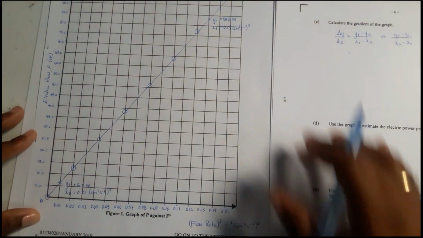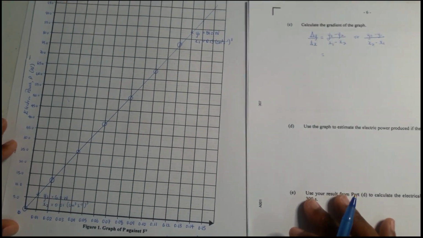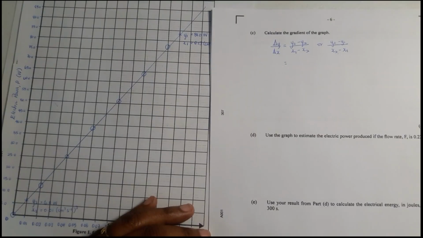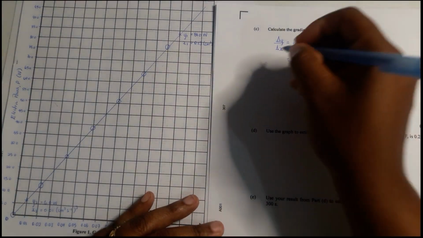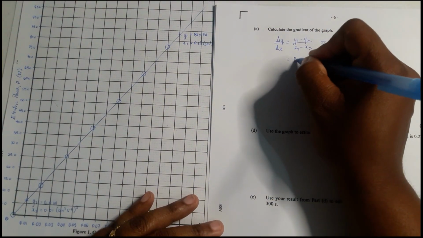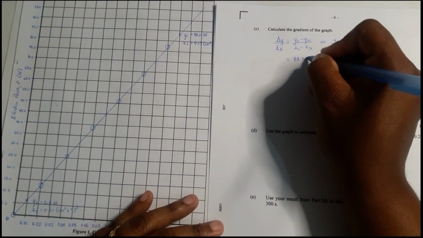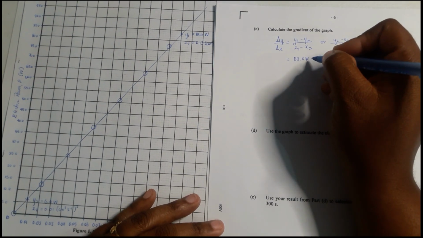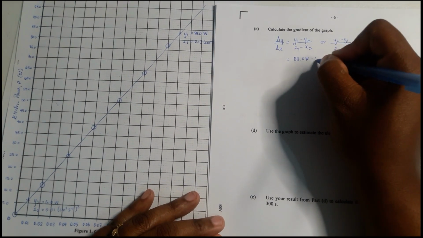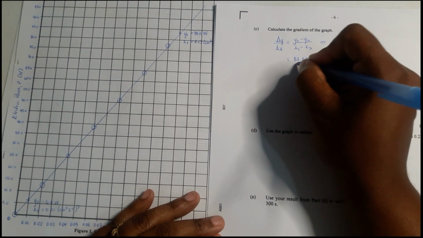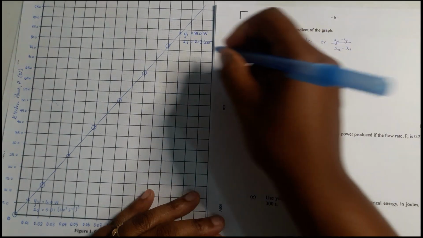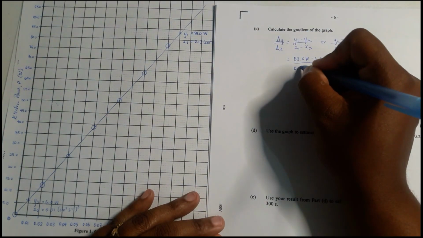So using these numbers, now that you have written out your numbers, you could just substitute them in the equation where they're supposed to go. Right? So here we have, what is y1? 83.0 watts. And y2 is 6 watts. And our x1 is 0.13.